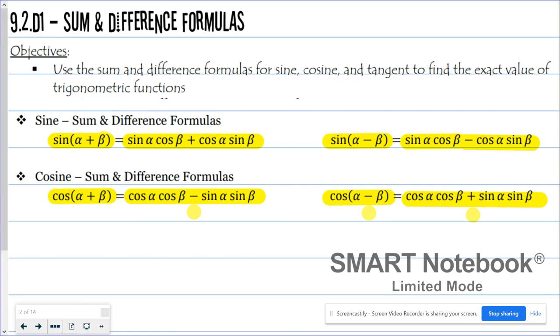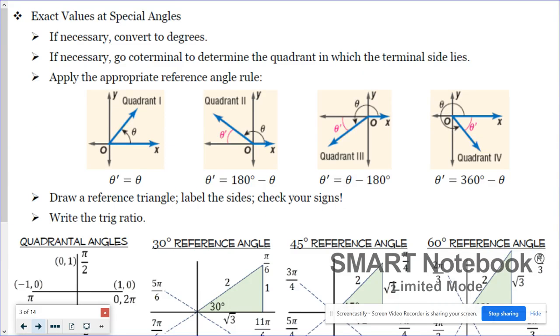Now, these reference triangles might be based on special angles, where we're going to have to use those 30, 60, 90 and 45, 45, 90 reference triangles. And then we're going to have problems that just involve a regular ratio and not a special angle. But I'm going to start with the special angle ones.